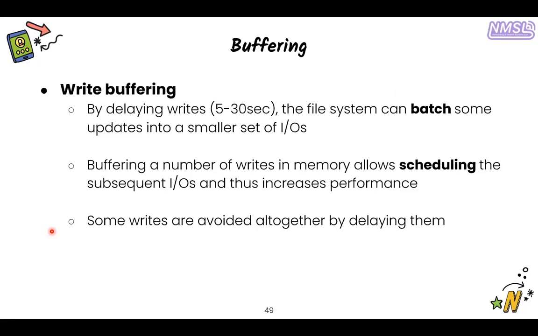Depending on the application, you might not tolerate it. But anyway, the file system can batch some of the updates into a smaller set of IOs. Now, since you buffer it and you can batch it, you can even schedule the subsequent IO. We learned many different scheduling approaches, depending on what you want to optimize.